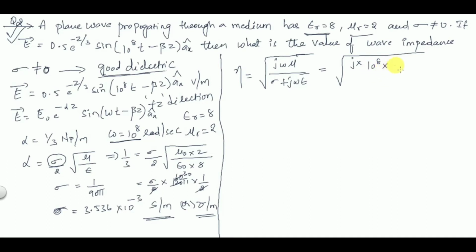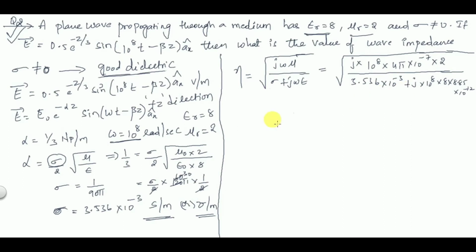Mu naught value is 4 pi into 10 to the power of minus 7, into mu r value 2, divided by sigma, which we just got, 3.536 into 10 to the power of minus 3, plus j into omega value 10 to the power of 8. Epsilon is epsilon naught into epsilon r. Epsilon r value is 8, epsilon naught is 8.85 into 10 to the power of minus 12.